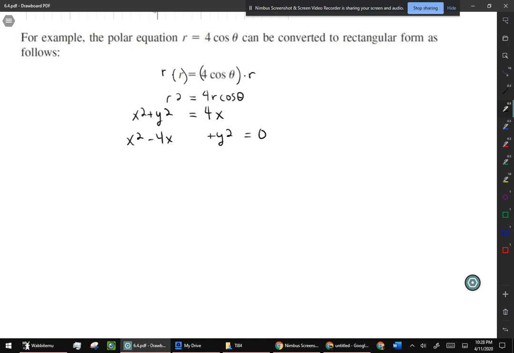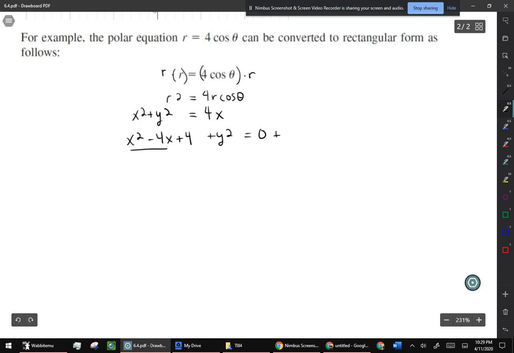Remember, if I want to complete the square for this part, I need to take the negative 4, take half of it and square it, and that's going to be a plus 4. Again, the rule is take this term, take half of it and square it. So half of negative 4 is negative 2, square that gets you a 4. But you can't just put a plus 4 there.